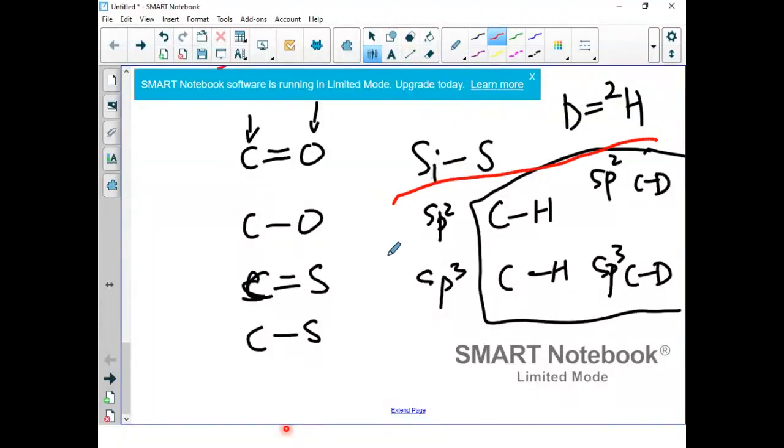So we have four bonds: sp2 C-H, sp3 C-H, sp2 C-D, and sp3 C-D, where D is H2. Which of these bonds has a higher stretching frequency?